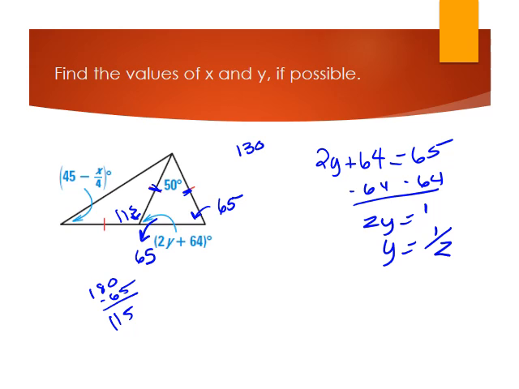Okay. To find x, we know again that this angle and this angle are congruent, but not to the other two, just to themselves. So we know that there is 65 degrees left in that triangle.